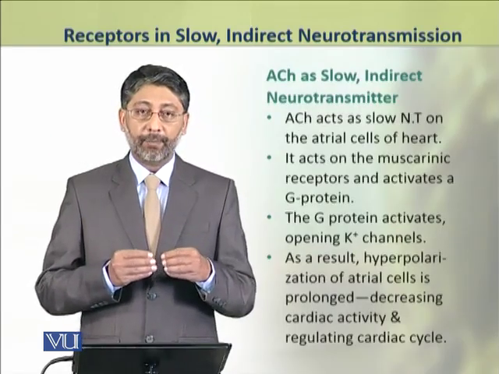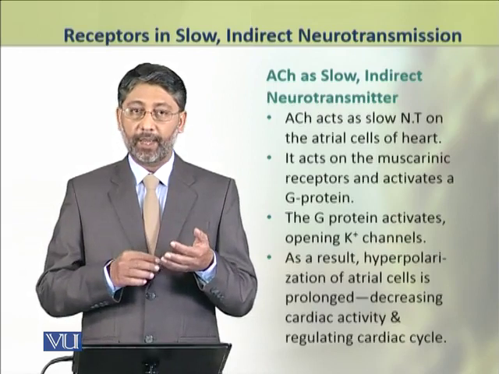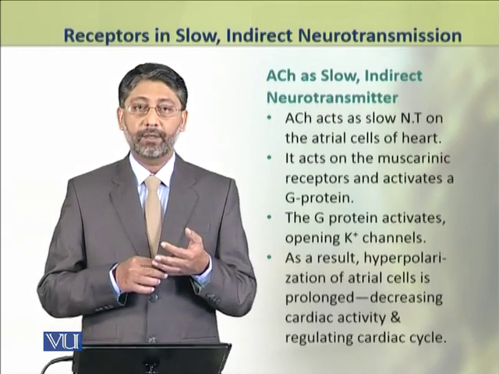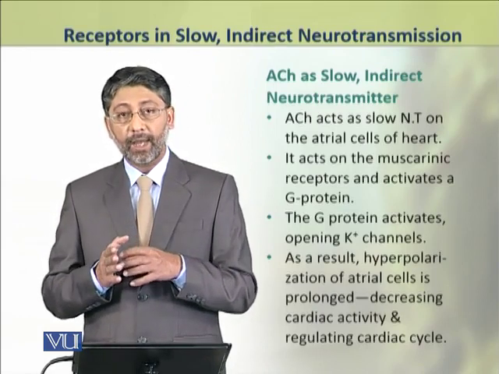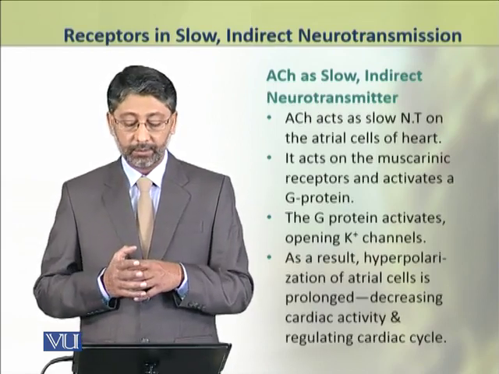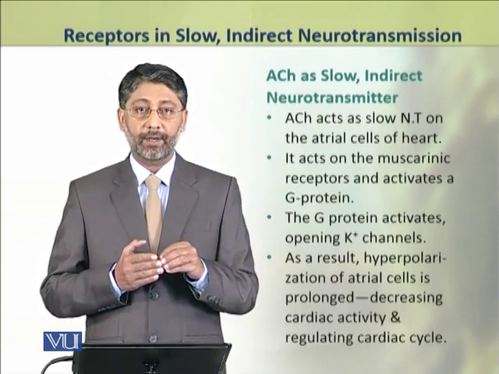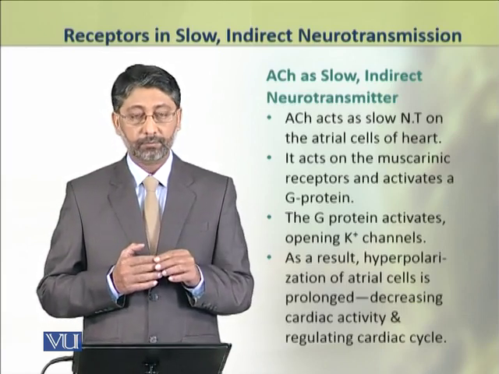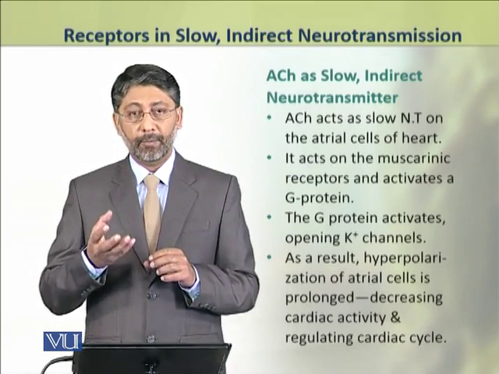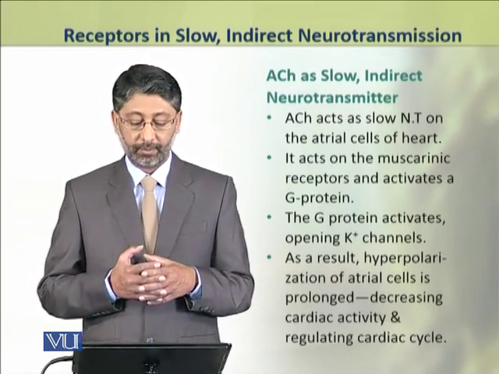We shall take an example of acetylcholine acting as slow indirect transmitter. Acetylcholine acts as slow neurotransmitter on the atrial cells of heart, that is, the cells of atrium of the heart, where muscarinic acetylcholine receptors are present.